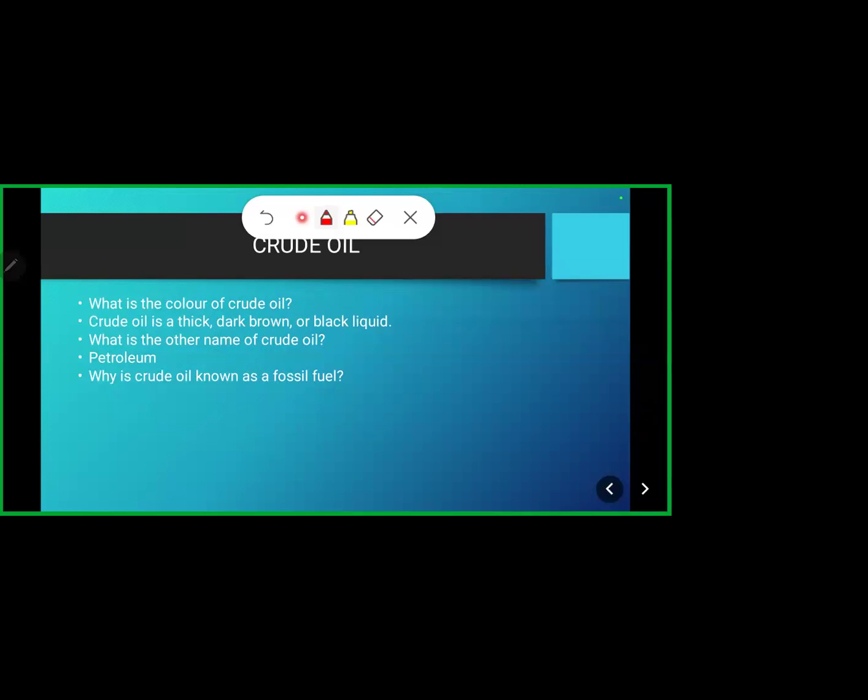So, fossil fuels, we know they are obtained from dead organic matter or dead living things. So basically, crude oil is known as a fossil fuel because of that. It's obtained as a result of decomposition or decay of living organisms over millions of years.